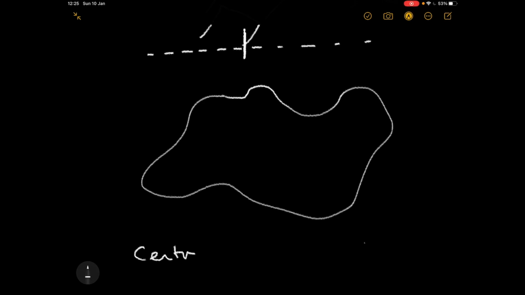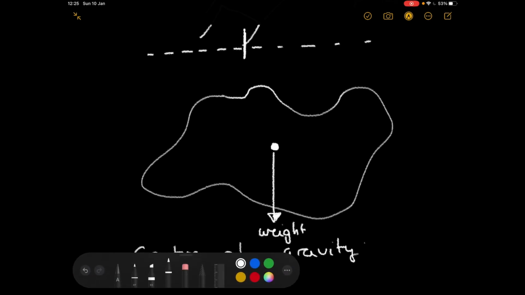And I can simplify a problem by finding what we call the center of gravity. That is the point somewhere in this object, let's say it's here, where all of the weight of that object essentially acts. It's the point through which the weight of the object can be thought of as acting.